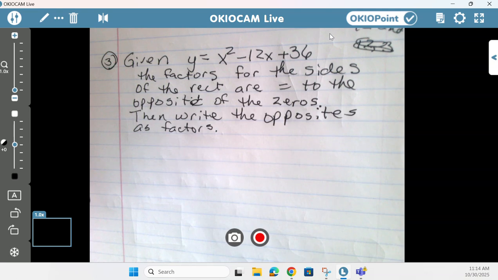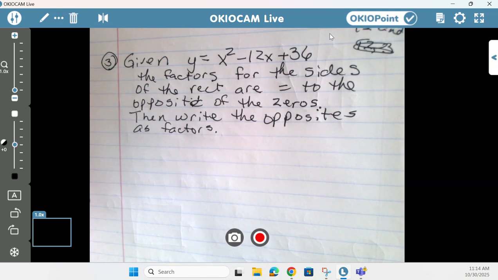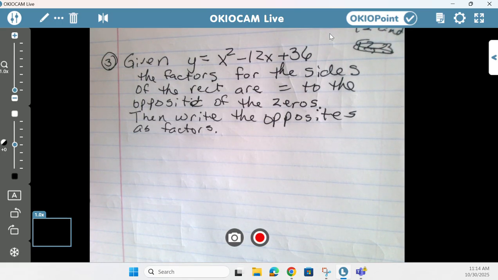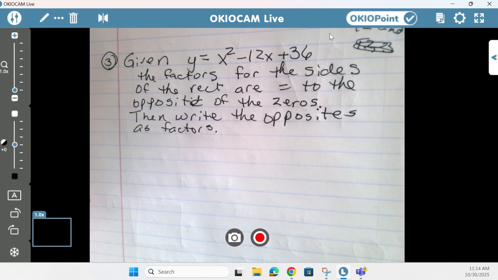If the zero is at negative 6, what is the factor? Remember, the zeros were at negative 3 and 4, so the factors were x plus 3 and x minus 4. If a factor is at negative 6, what is it?